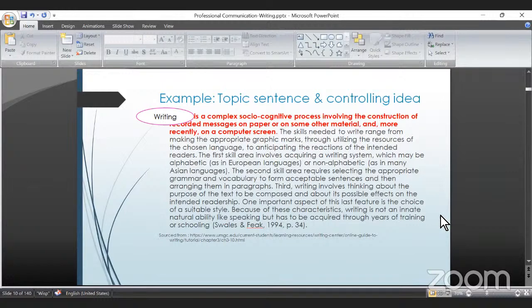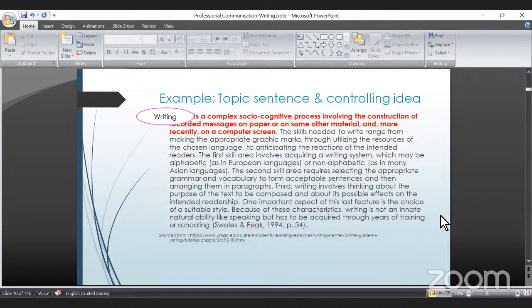If you have finished reading the paragraph, did you see that the other sentences are basically written about this particular part? It is an explanation of what this complex socio-cognitive process means. Did you gather that? Yes, ma'am. So please, if you haven't read already, or did not read it that way, reread it and see why the controlling idea is something that sets the perspective or the agenda for the further paragraph.